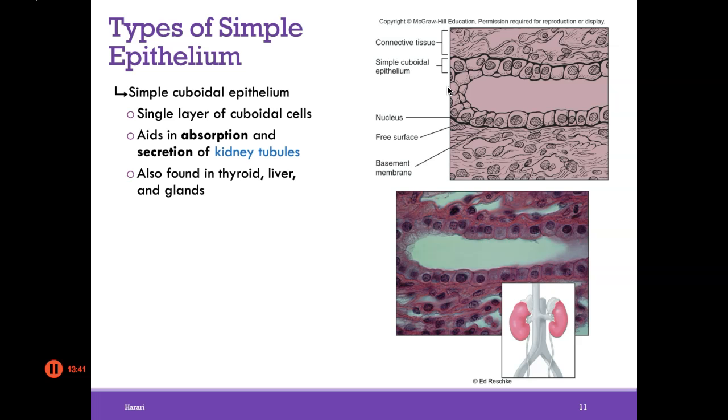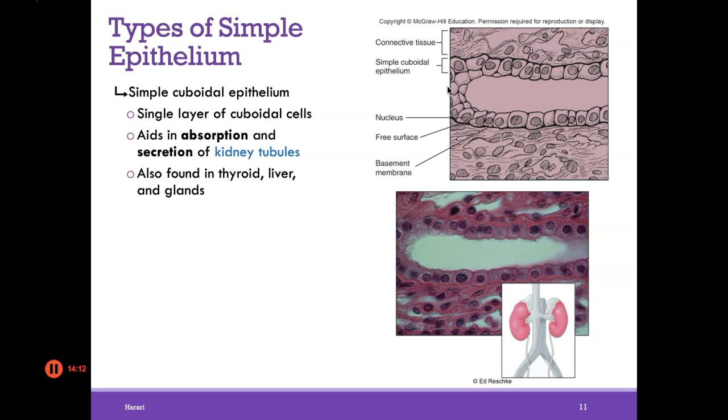So now we'll talk about simple cuboidal epithelium. So it's simple, so we still have a single layer, but they're cuboidal cells this time, right? So they're single layers of square or round cells. We see these when we need absorption and secretion. The representative location is the kidney tubules. You'll see cuboidal cells in the kidney tubules, but they're also found in the thyroid, liver, and in other glands.